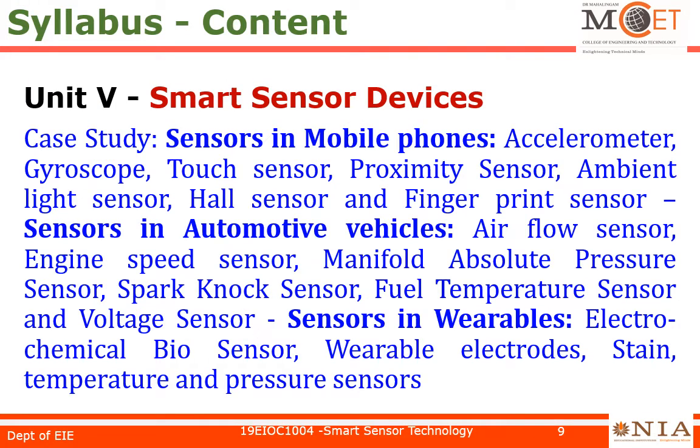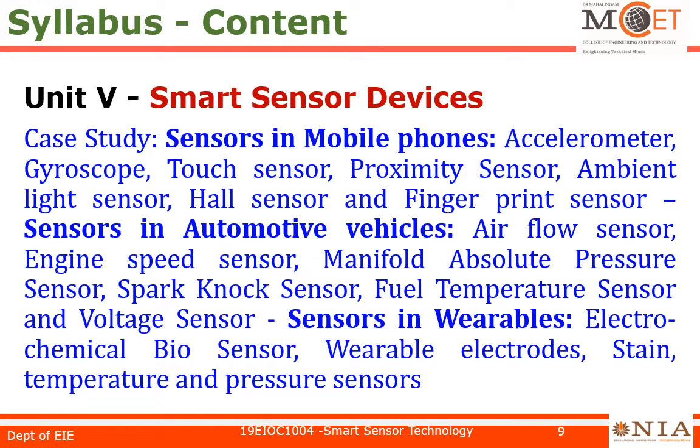Unit 5 is about case studies. Here we are going to learn about three different smart devices. One is the mobile phone, another is automotive sectors, particularly vehicles, and the third is wearable devices. Today you can see the smartphone has a lot of sensors inbuilt, that we are going to learn in this unit. And the next one: you can find a lot of sensors connected in cars.